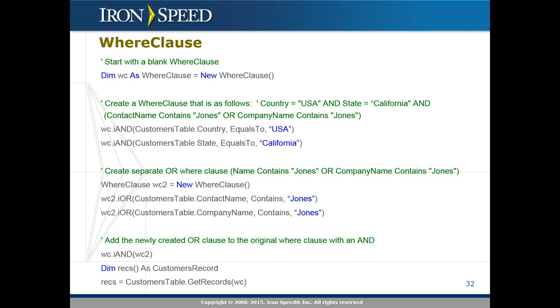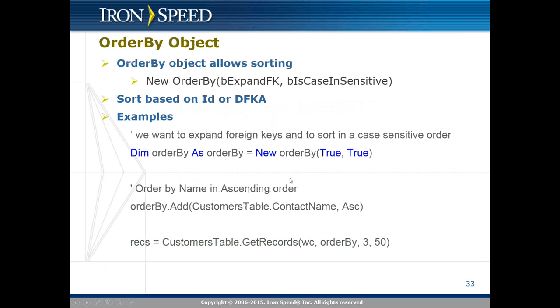That's probably not entirely the way I would do it, but that's certainly a very valid construct to consider. There's a lot of value in how this works, and I can see that would work. And of course, then it returns an array of objects of type customer's record from that record call. Okay. Order by allows sorting.